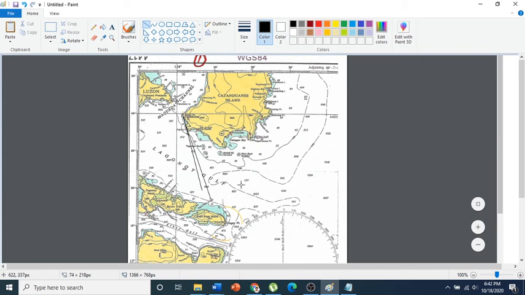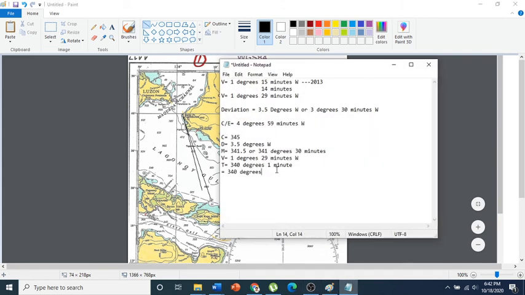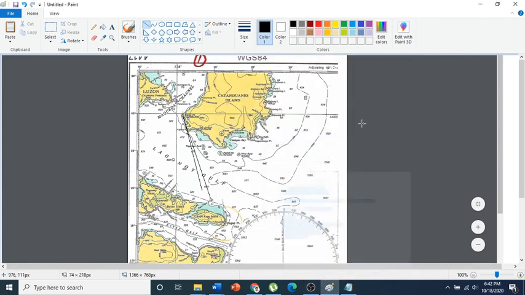Finally, this is what it will look like in your chart, only that on your end you must label it accordingly, and these are the calculations that I want to see in your e-plans.